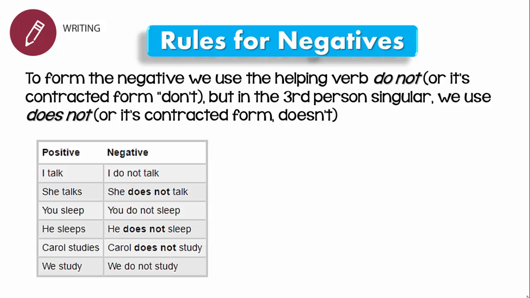She talks, she does not talk, she doesn't talk. You sleep, you do not sleep, or you don't sleep. He sleeps, he does not sleep. Carol studies, Carol does not study. We study, we do not study. So here in these examples you can notice how the verbs need to agree with the subjects.